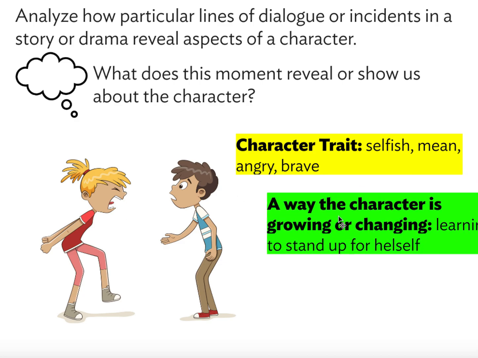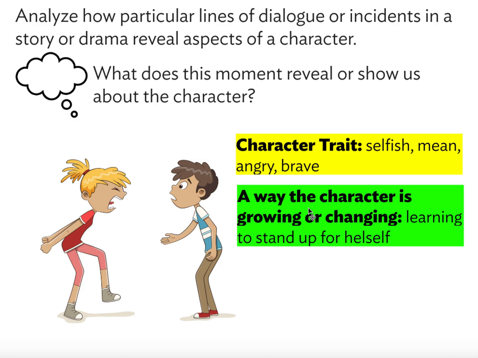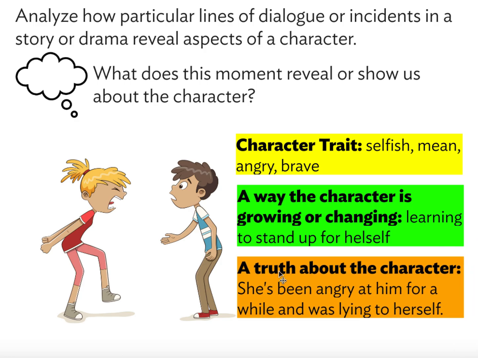Maybe the moment you choose reveals a way the character is growing or changing. Maybe in this moment, I see that the character is actually learning to finally stand up for herself. Or maybe the moment you choose reveals a truth about the character that you hadn't seen before.